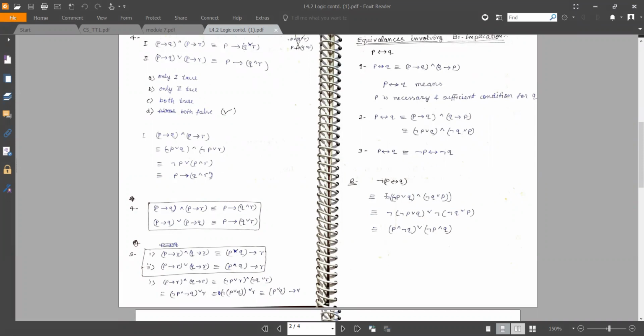Let us break it into two implications and then convert them into the first operand's negation disjunction the second operand. Now let's shuffle those negations here and there.